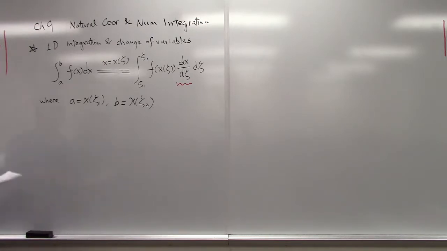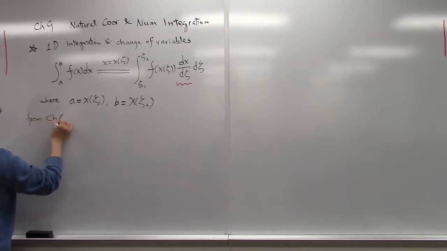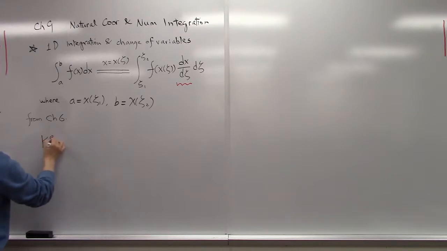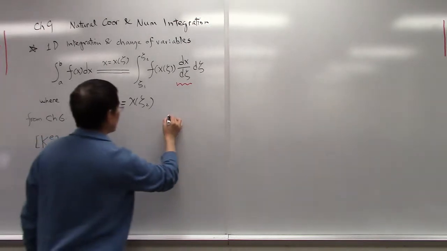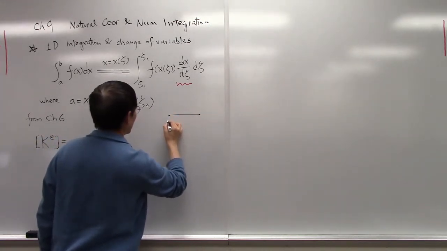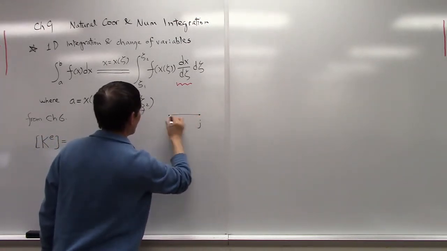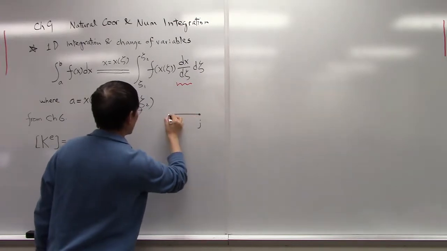Okay, now let's look at the element stiffness matrix from chapter 6. We derived the element stiffness matrix. So we are still using this 1D example. This is node I and then J here. This is the element.